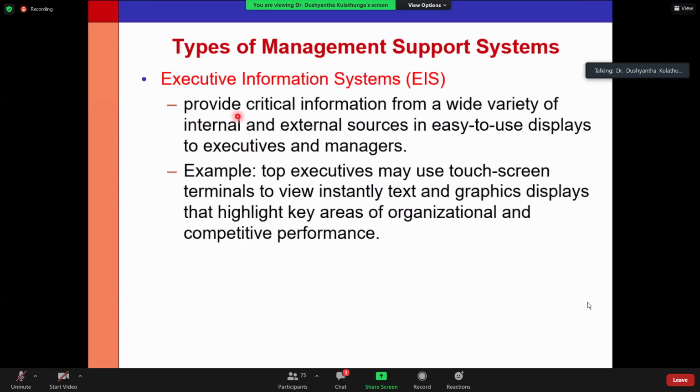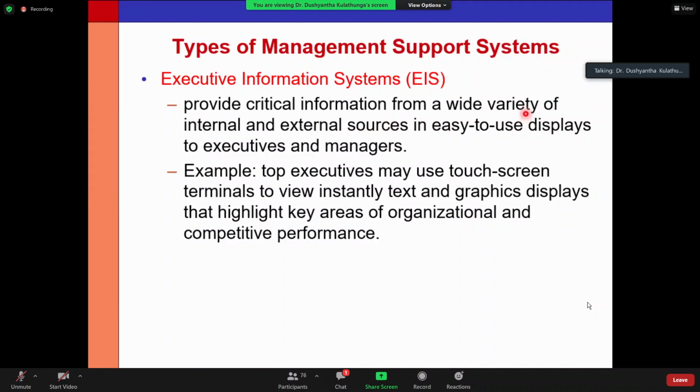Therefore, they may use both internal information as well as external information, which they get through different sources. There can be some internal sources and also some external sources that they rely on to get the required information. So the executive information system will process both the internal and external data that the systems capture, and then provide them in an easy to use format.